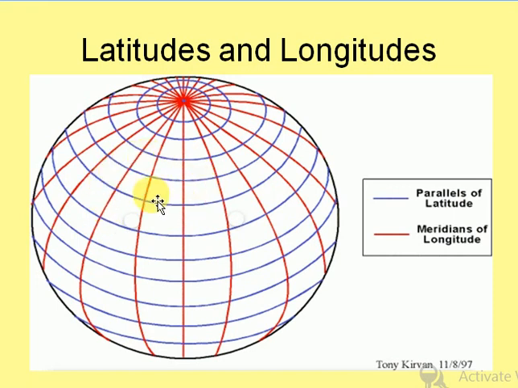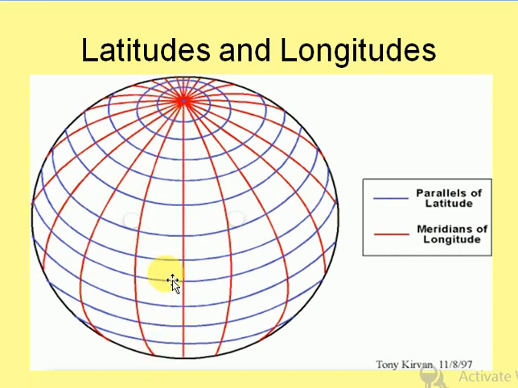So this is the base for the intersecting lines: the North Pole and the South Pole.